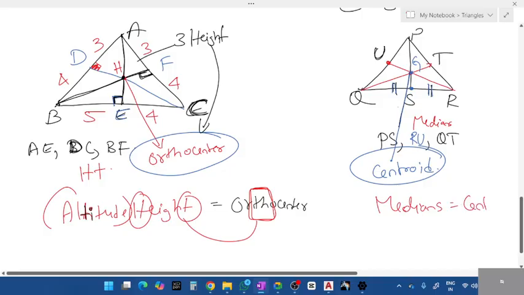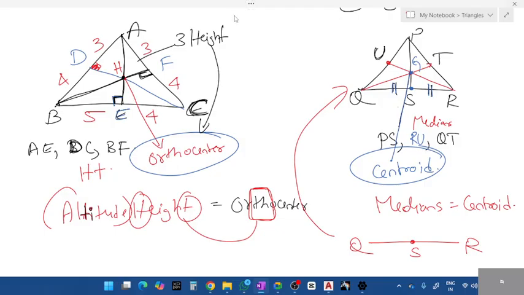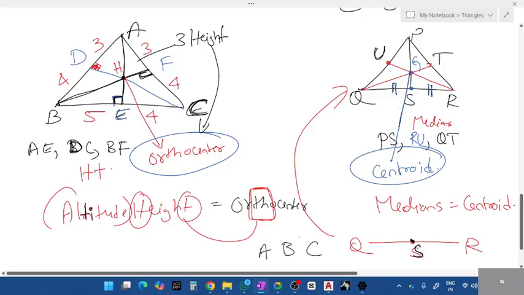Medians equals centroid. For example, let me take QR, students. What is the midpoint for QR? In the second diagram, what is the midpoint for QR? S is the midpoint, right? If there are three people, A, B, C, what do you call the person who's sitting in between?